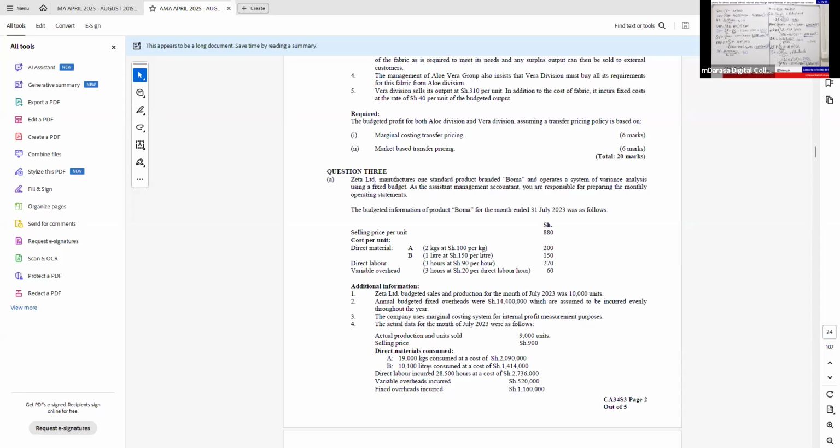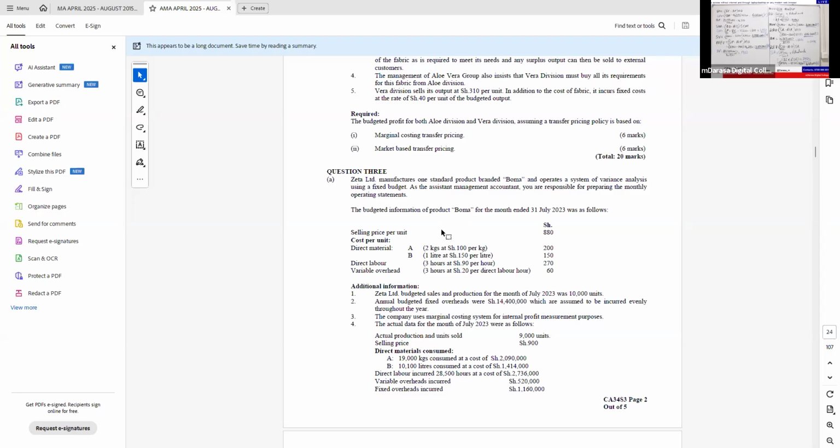So you're told that Zeta Limited manufactures one standard product branded Bomber and operates a system of variance analysis using a fixed budget. As the assistant management accountant, you are responsible for preparing the monthly operating statements. The budgeted information on product Bomber for the month ended 31st July 2023 was as follows.